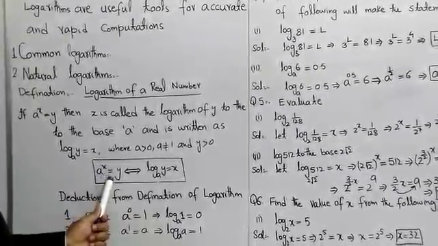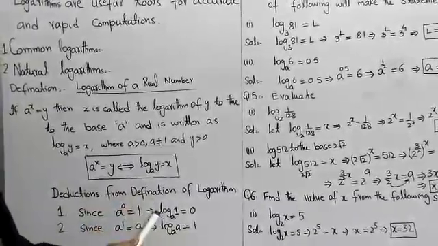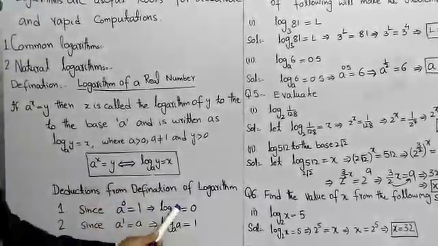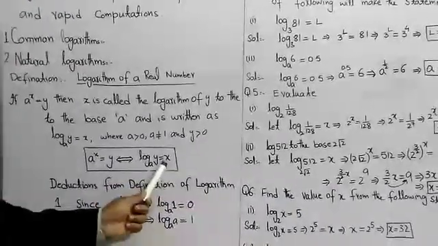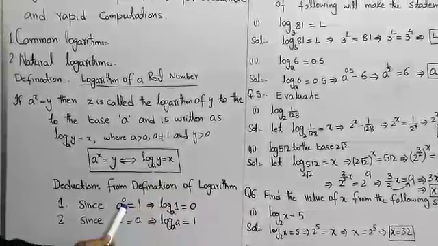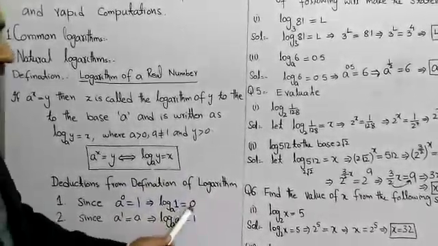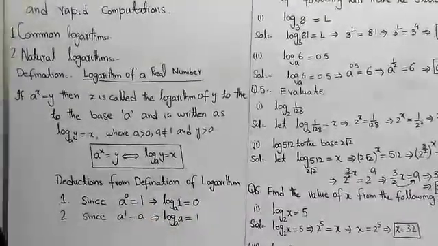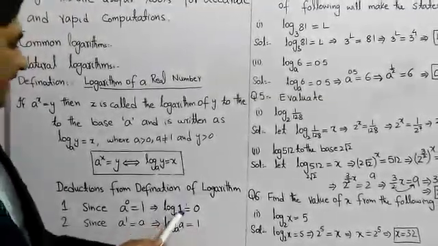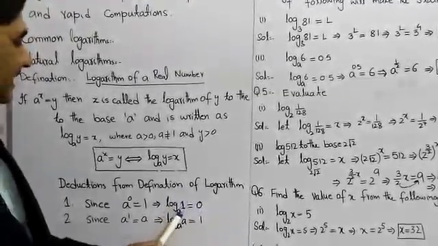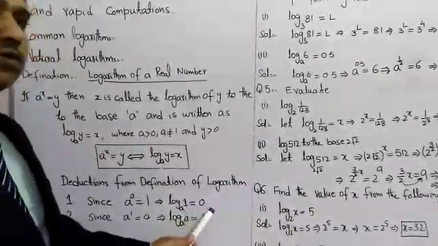Now this form can be converted into the logarithmic form: log of 1 to the base a is equal to 0. So we can say that log of 1 is always 0. Log of 1 to the base 10 is equal to 0. Log of 1 to the base e is equal to 0. Log of 1 to the base 2 is equal to 0.